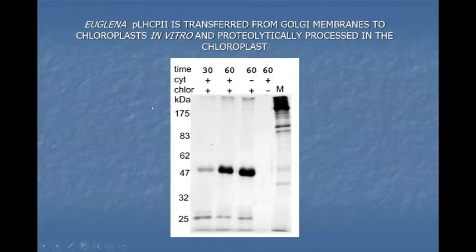Therefore, if the precursor is processed, that indicates chloroplast localization. And what we find is that in the presence or absence of cytoplasm, we get mature protein processed that has been imported into the chloroplast, and for some reason we see a dimer that increases with time. Apparently, a portion is not fully processed, but that clearly shows that we go from the Golgi to the chloroplast.